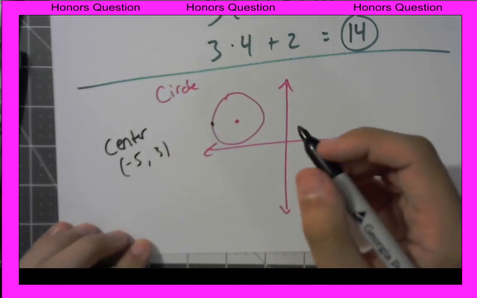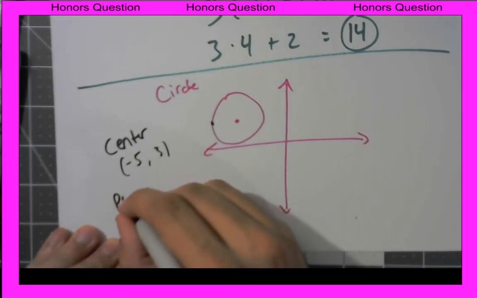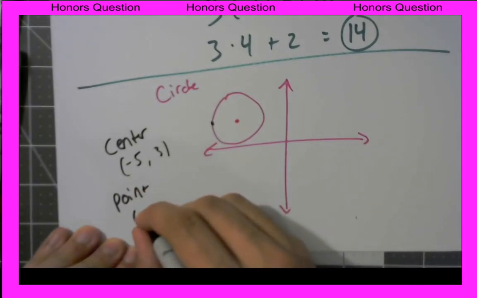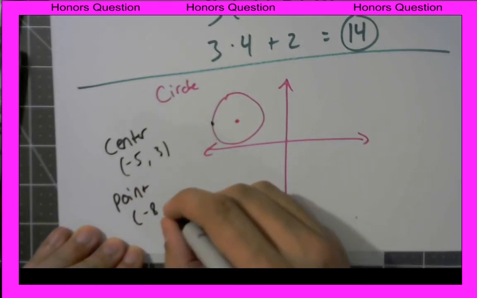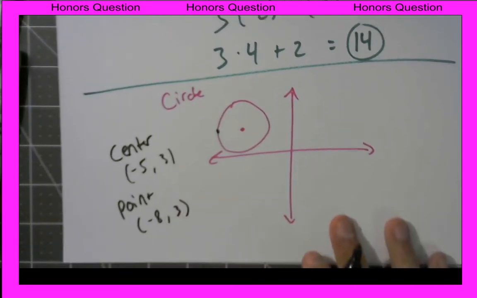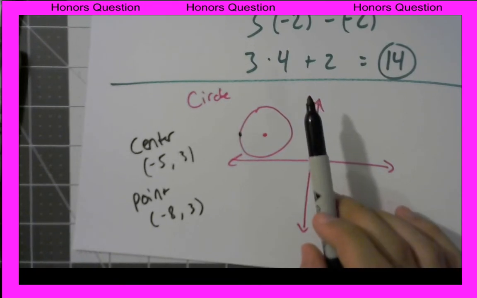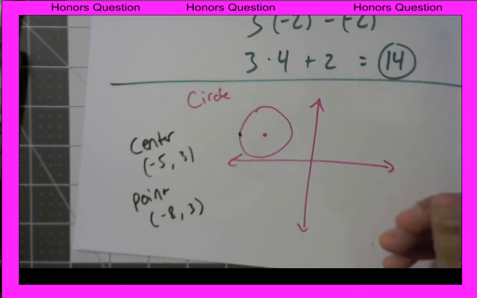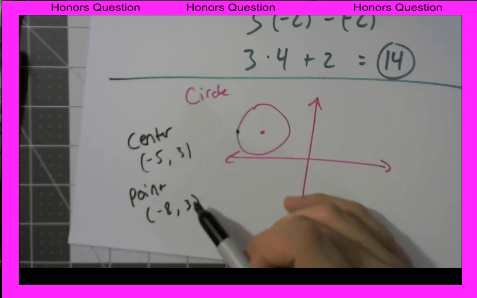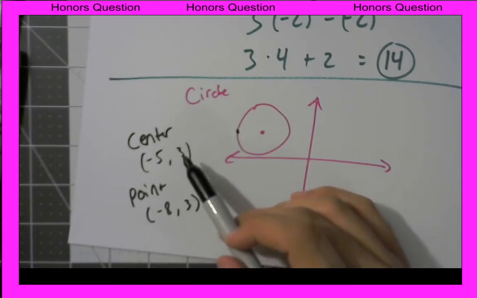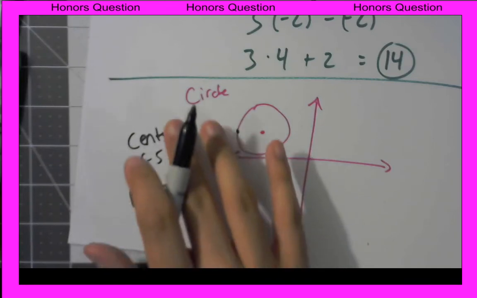And then this point, let's say, is -8, 3. How it ended up happening on your exam, honors, is these didn't show up too well, so I had to put these as well. So this is how you're going to see it.